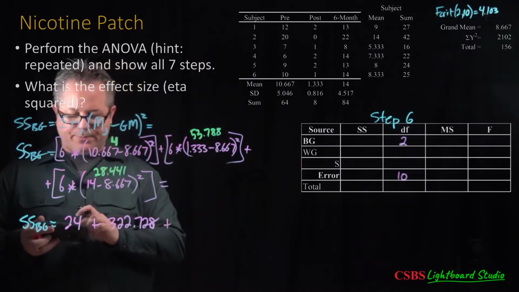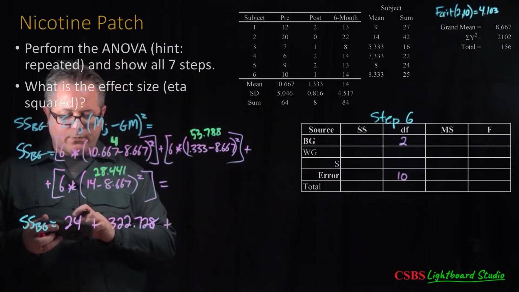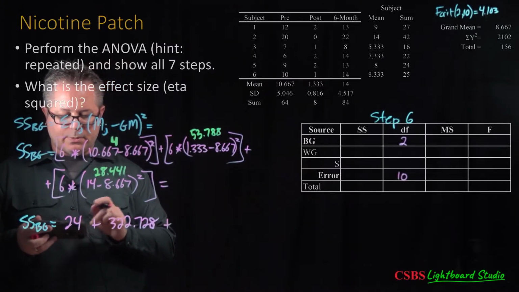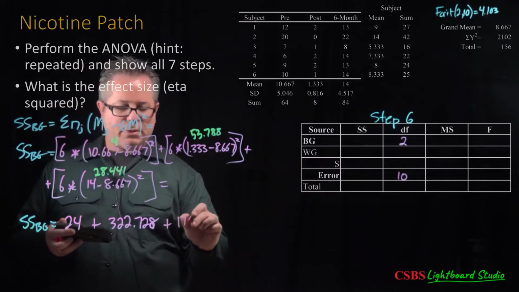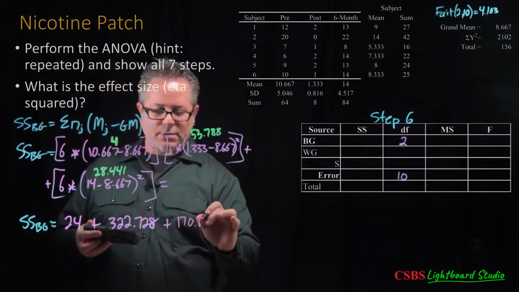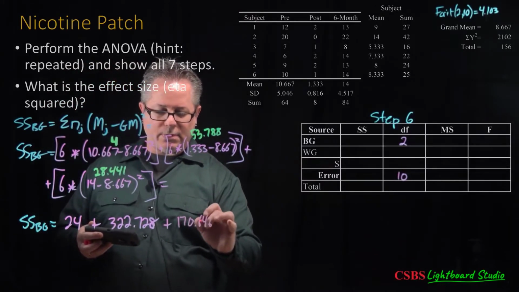That's the second group. And 28.441 times 6 equals 170.646.